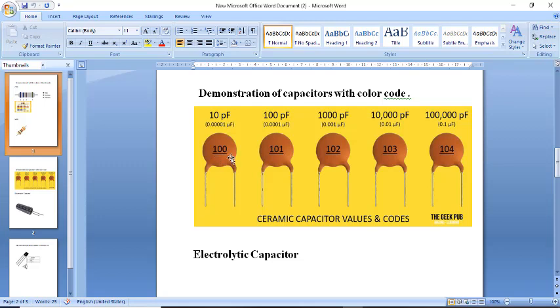Here A is 1, B is 0, and 10 to the power C, with C being 0, is 10 to the power 0, which means 1, so that means 10 picofarad. And you can easily convert it into microfarad also. Here, 10 times 10 to the power 1 means 100 picofarad. Similarly, you can easily calculate the value.